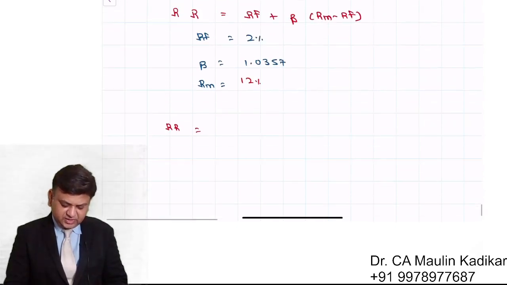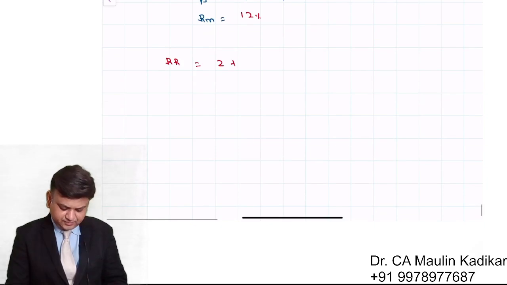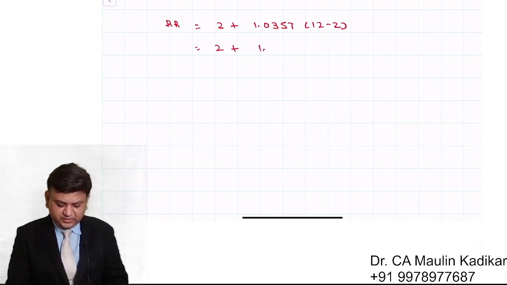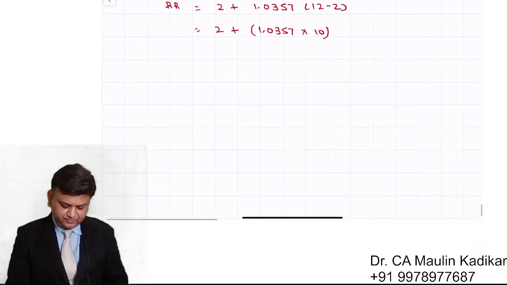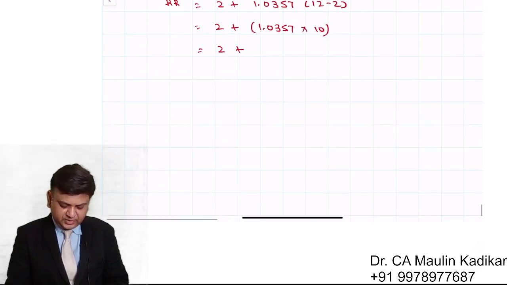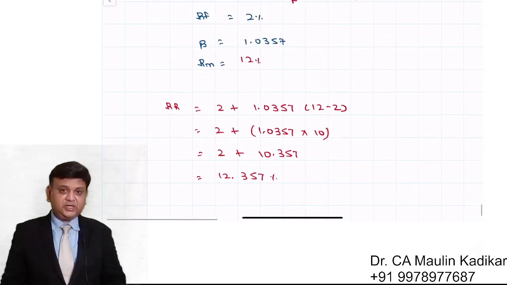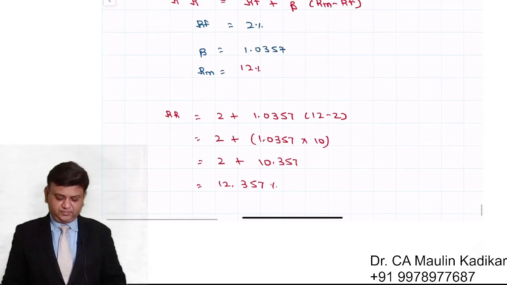It is risk-free rate of return 2%, plus beta 1.0357 into 12 minus 2. So 2 plus 1.0357 into 10. So 2 plus 10.357. That comes to 12.357. That is the way the required rate of return is calculated.